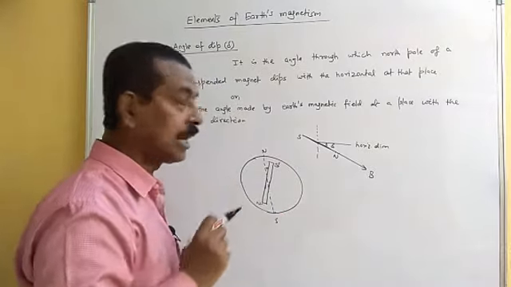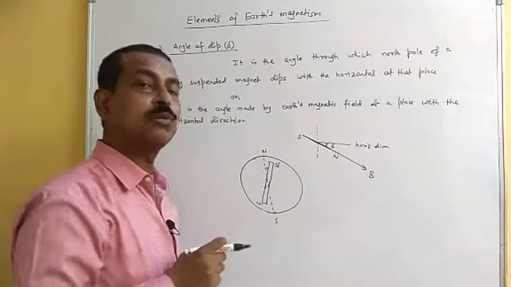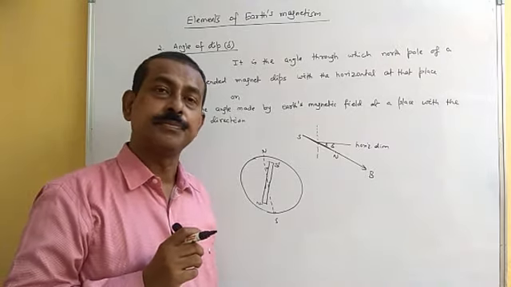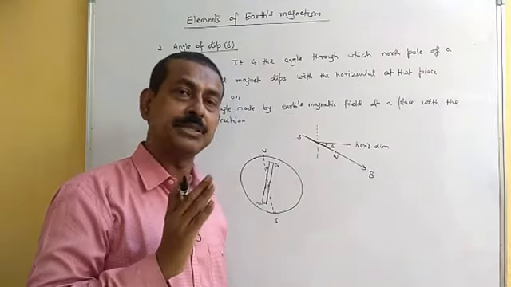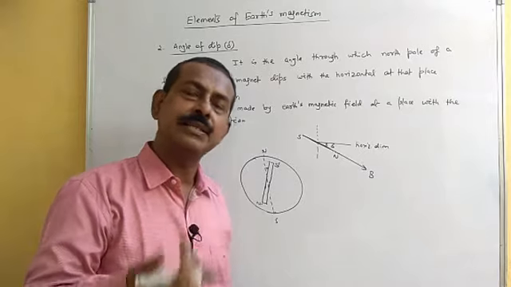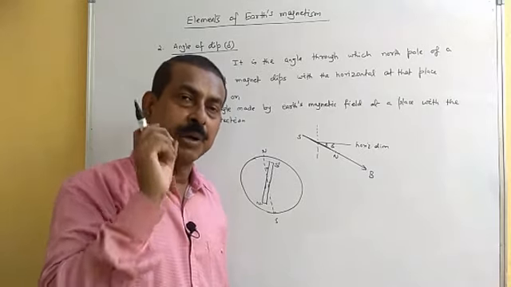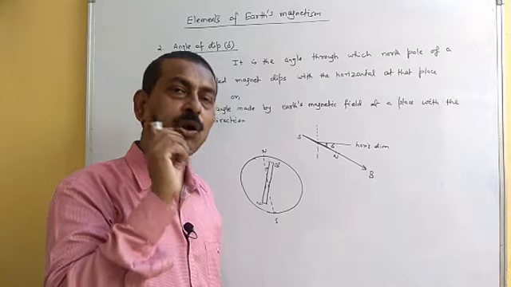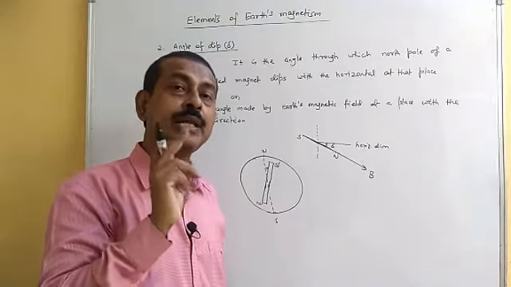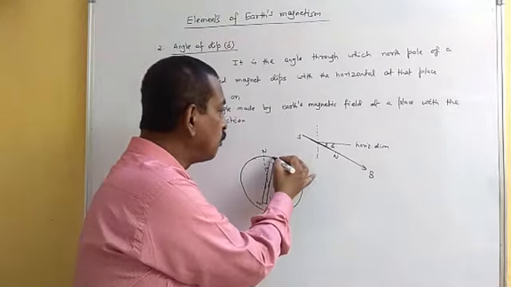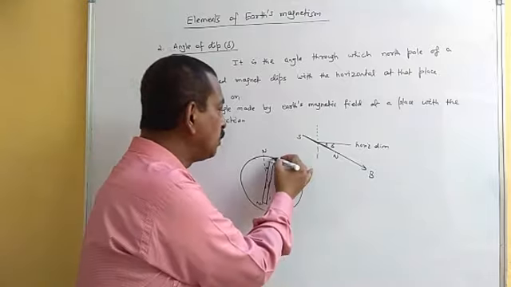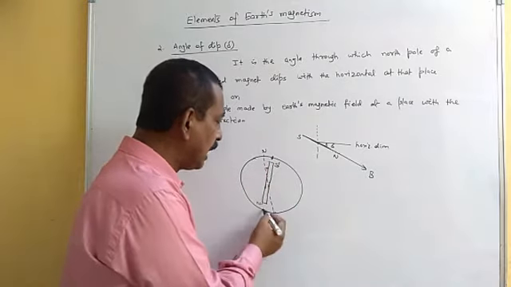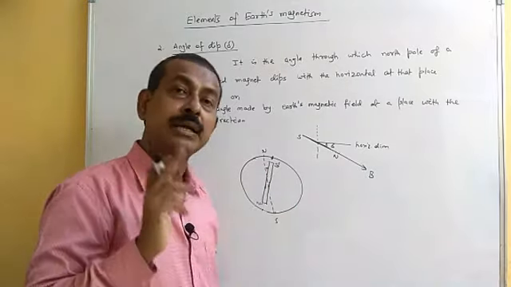So if it is asked at which particular place the angle of dip is 90, we say that it is at pole. But remember that angle of dip is 90 only at magnetic pole. That means it will be at this particular place and here where it will be 90.